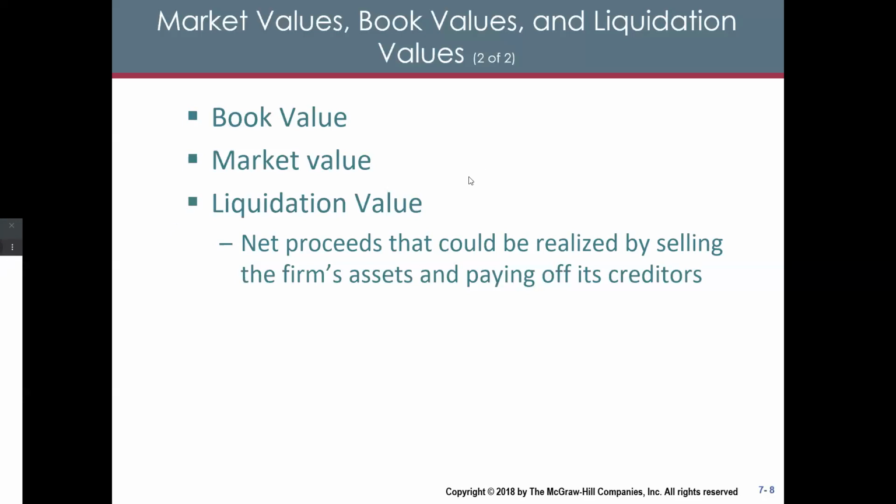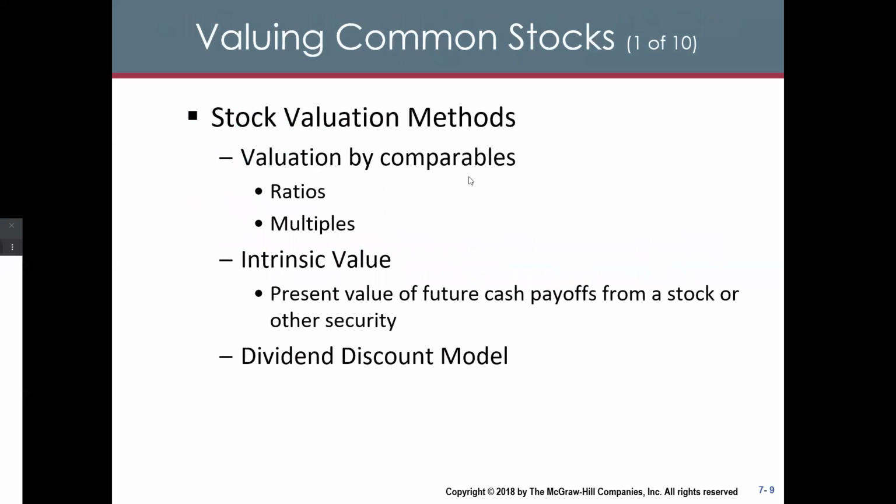Next, we are going to talk about different methods of stock valuation. The first method is the valuation by comparables. Say there are two companies that resemble one another, they are in the same industry, they have a similar business model, and maybe they have a similar capital structure.